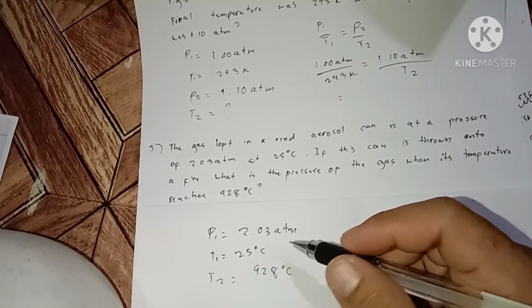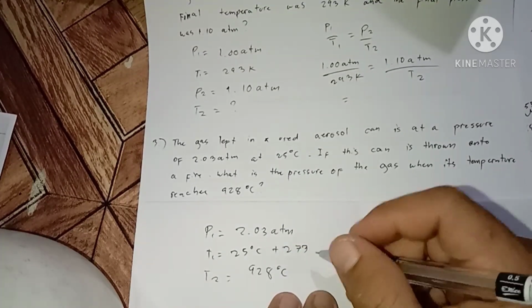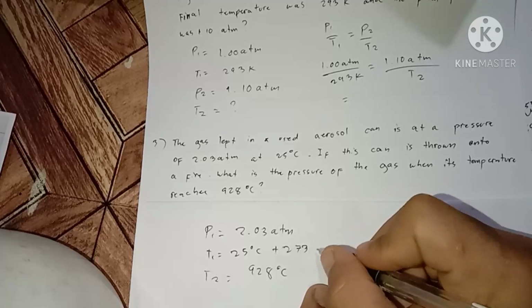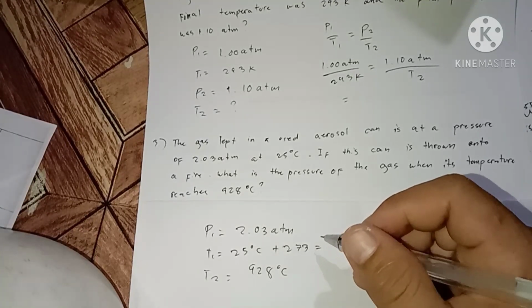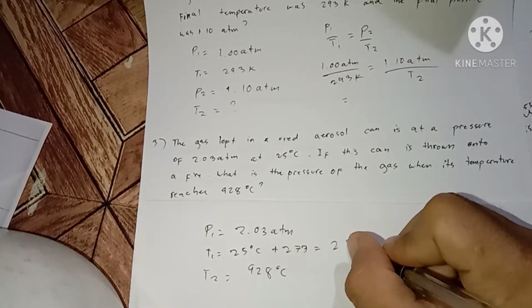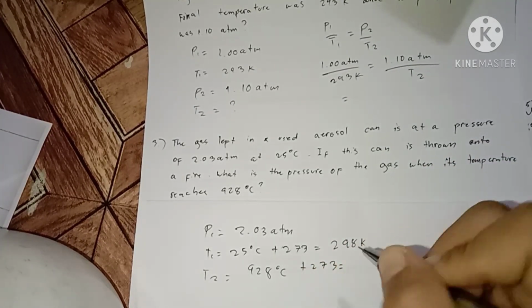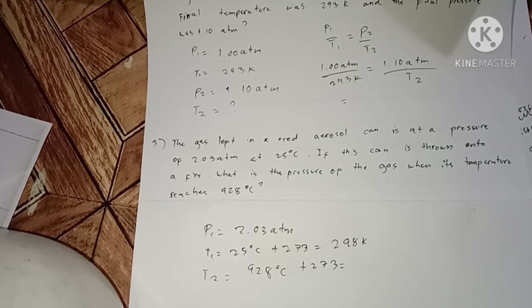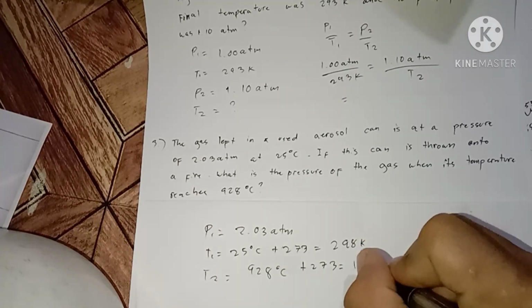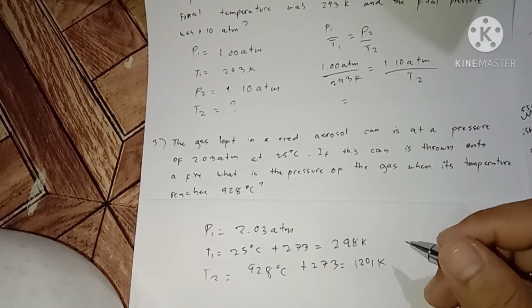So we need to add 273 to convert the degrees into Kelvin: 25 plus 273 equals 298 Kelvin. Also temperature 2: 928 plus 273 equals 1001 Kelvin. So we need to use the formula of Gay-Lussac's law.